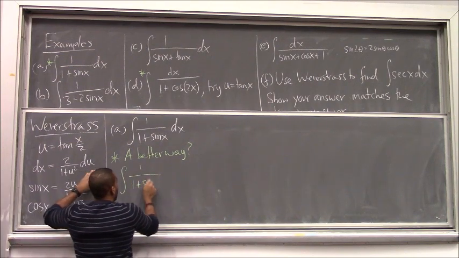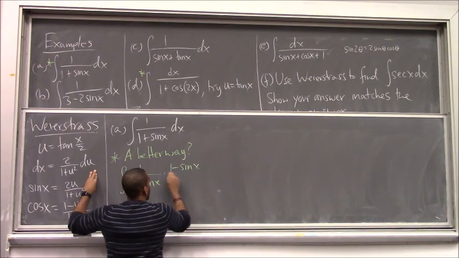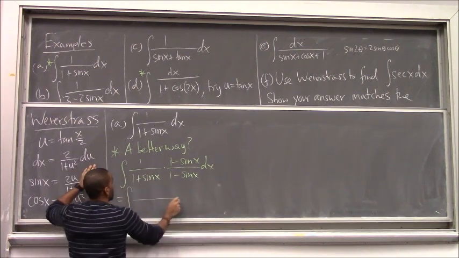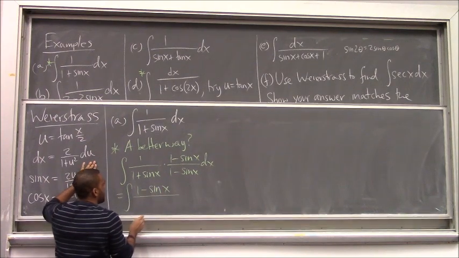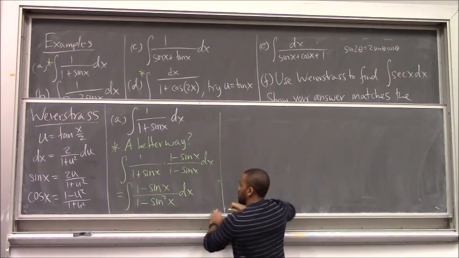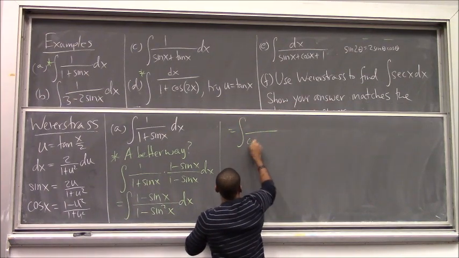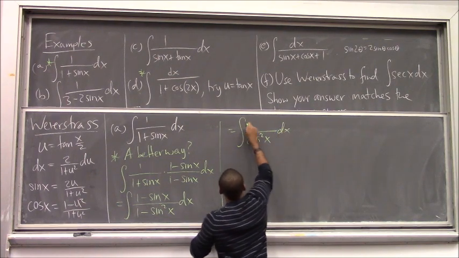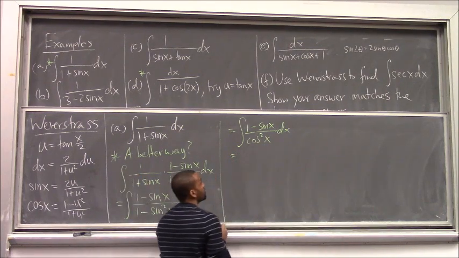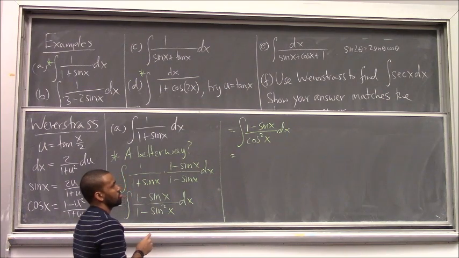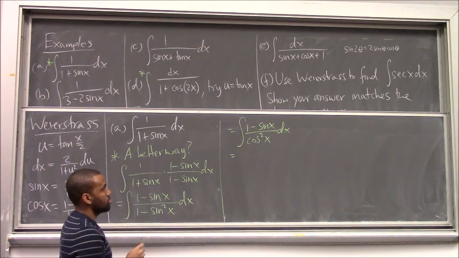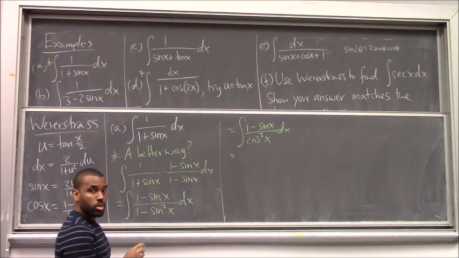That gives you 1 minus sine x on the top, and at the bottom, by the difference of squares formula, 1 minus sine squared x, and using the identity, that's cosine squared x. Ideas from this point?